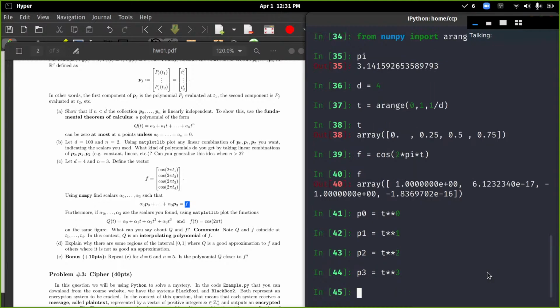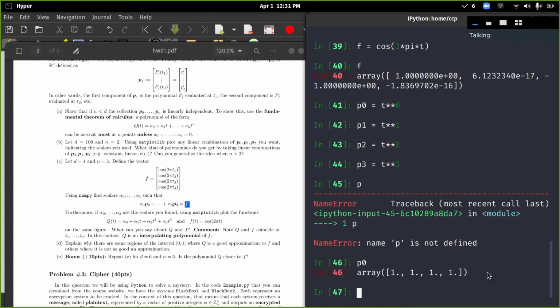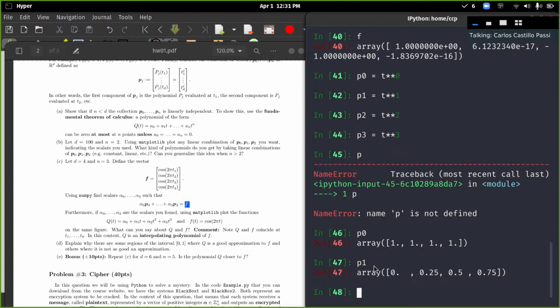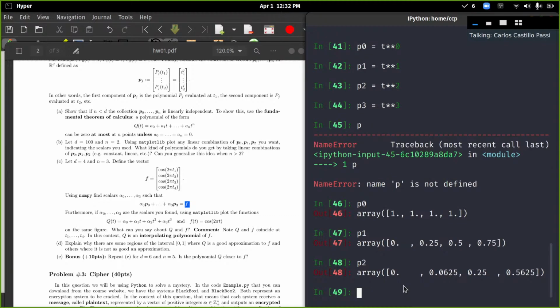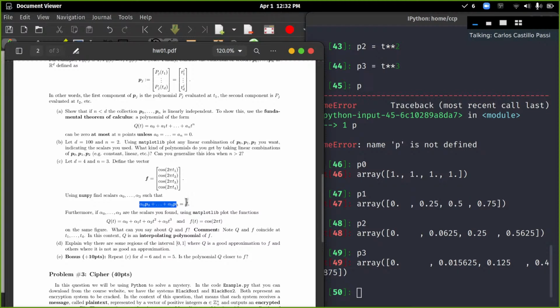So you have these vectors, p0, that is 1, 1, 1, p1, that is 0, 0.25, 0.5, then you have p2 and p3. And you need to find a linear combination of these, so it's equal to f.